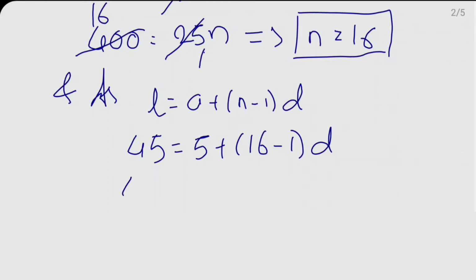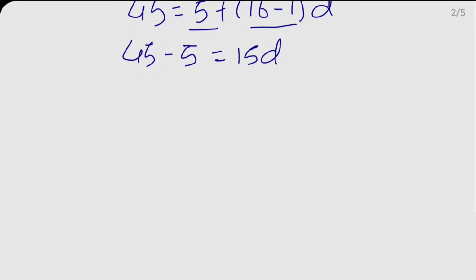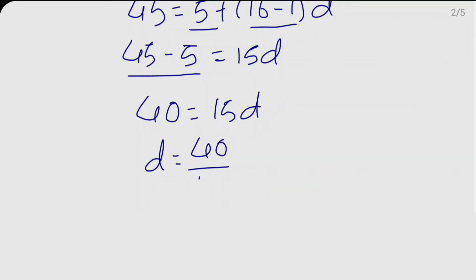The 5 comes to the LHS and becomes minus 5, so 45 minus 5 is 40, and this equals 15d.